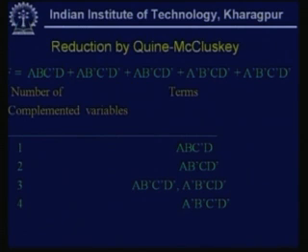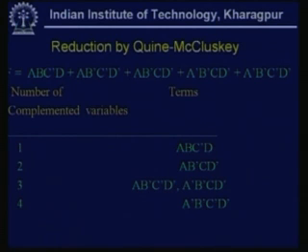The terms which have 1 complemented variable: there is only one min term, A B C dash D, where C dash is complemented. If the number of complemented variables is 2, I have only one min term, where B dash and D dash, that means 2 complemented variables, are there.